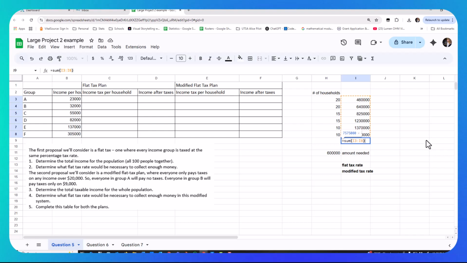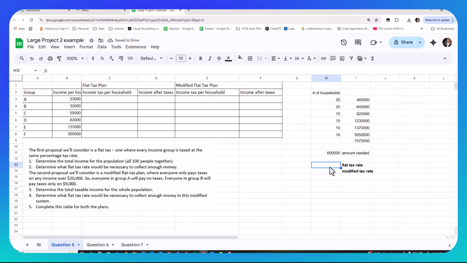So in other words, this is the total income of all of these households. And then to get the flat tax rate, we take the amount needed divided by the total amount of income in all these households. And so this is my tax rate.